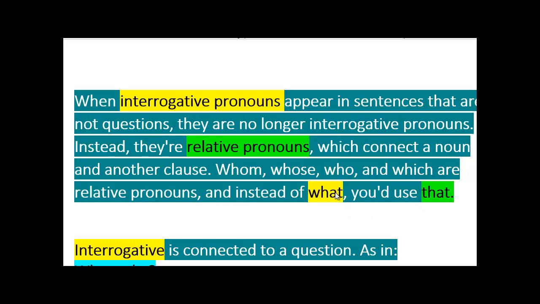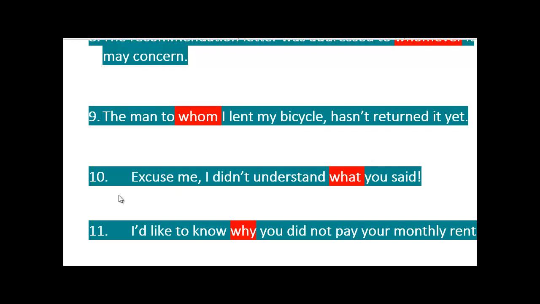Sometimes we use what to talk about it in a certain sentence, to relate information. But if we can't use what and it appears to be a question, we use that. Here we go back to that example that we said, excuse me, I didn't understand what you said. Here, what is not a question, guys.